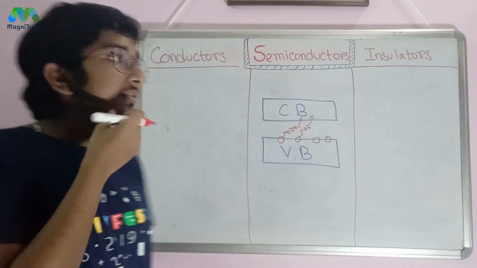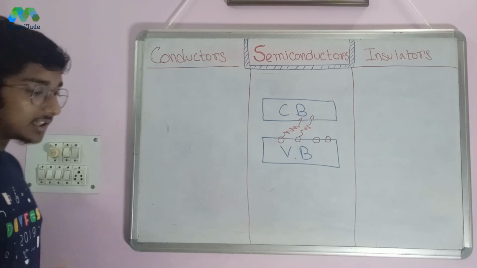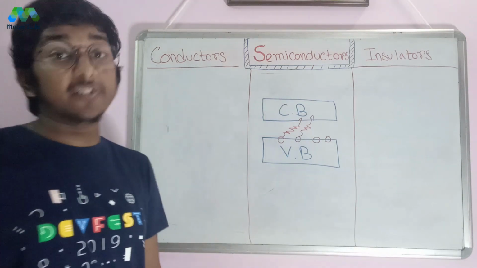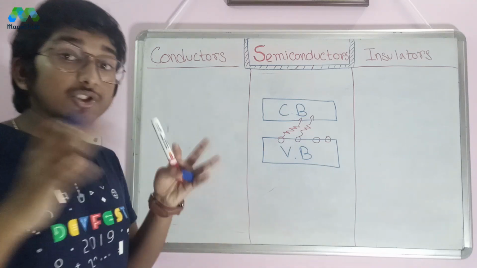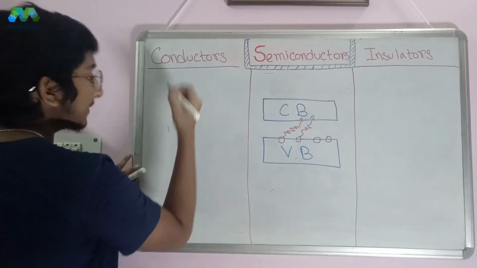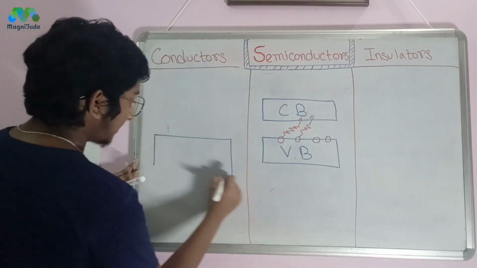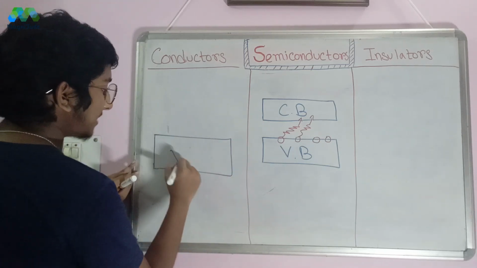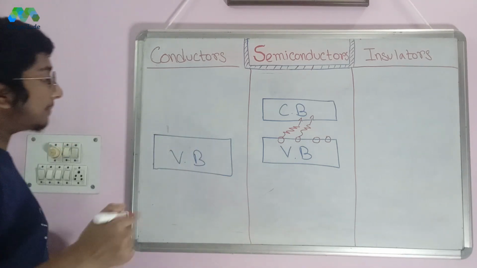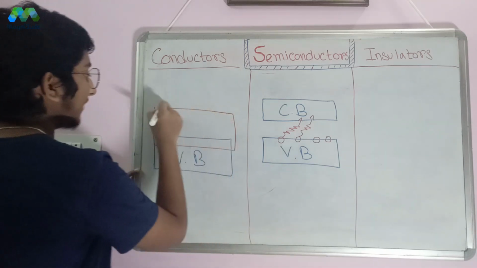But now we will see what happens in the case of conductors. In conductors the number of free electrons is much greater, means they have a huge amount of free electrons. In the case of conductors, the valence band is something like this. I am representing the valence band by VB, and the conduction band just overlaps the valence band.